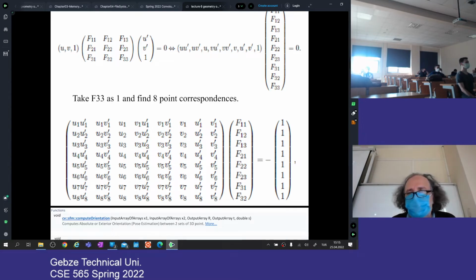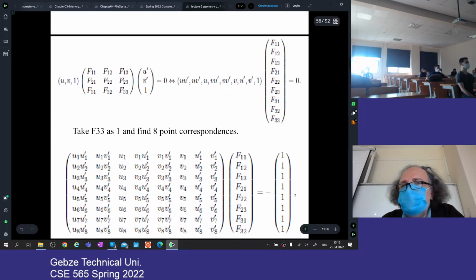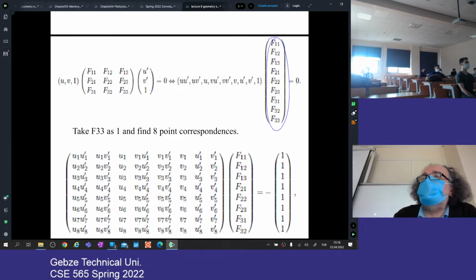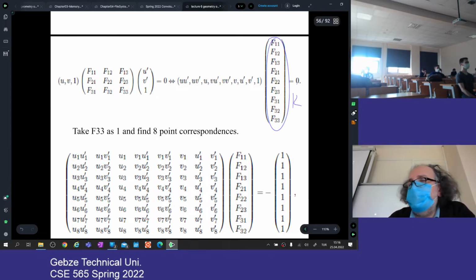The thing is this, since there is a 0 here, I am trying to find these numbers, right? Whatever number you find, I multiply all of them with k. It will be another fundamental matrix. There is no single fundamental matrix for a given camera.